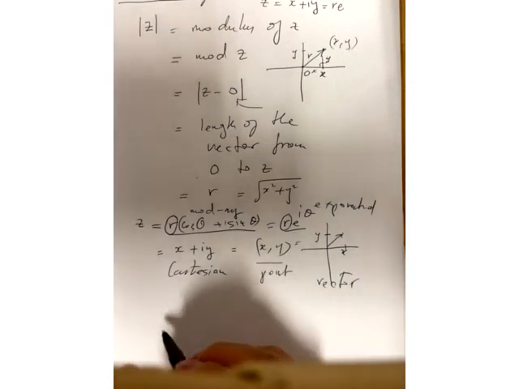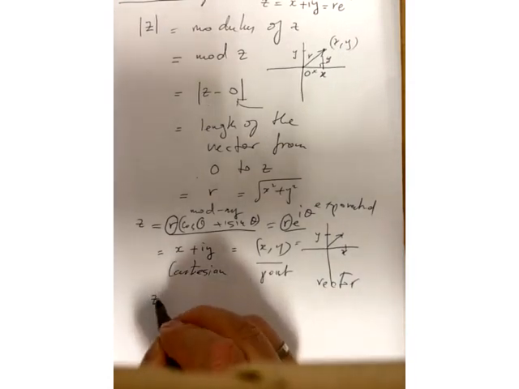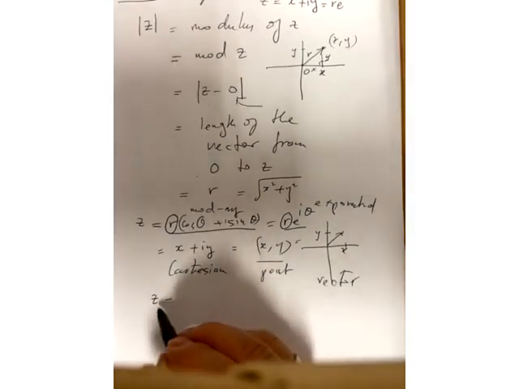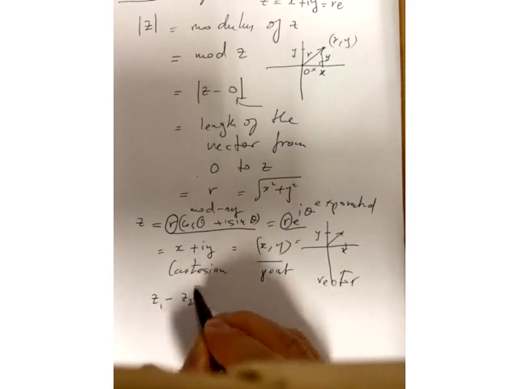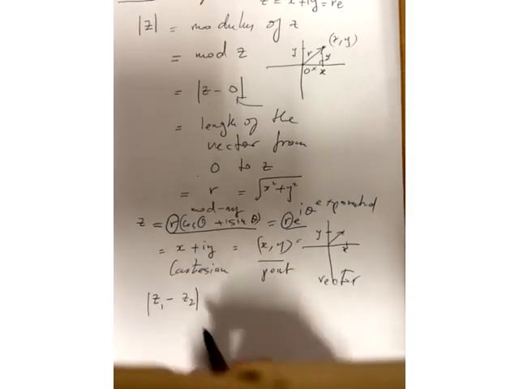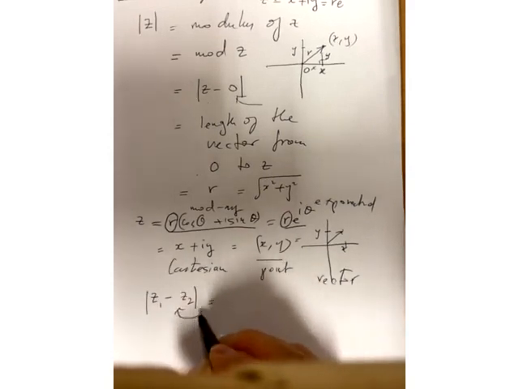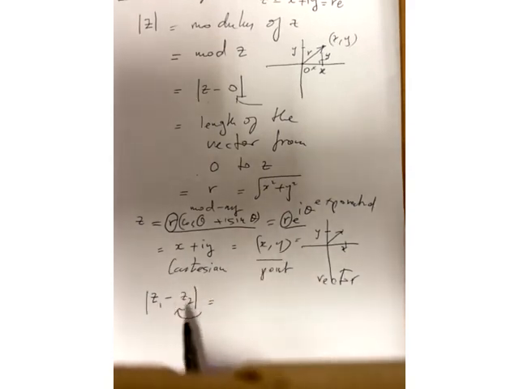But I want to emphasize the definition of the modulus. So when you go to take the modulus of z, that's easy. But when you take the modulus of z1 minus z2, let's say, you have to know the meaning of what's inside this modulus sign. The inside says it's the vector from z2 to z1.